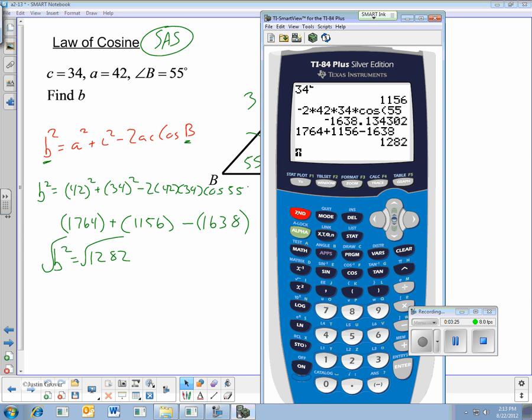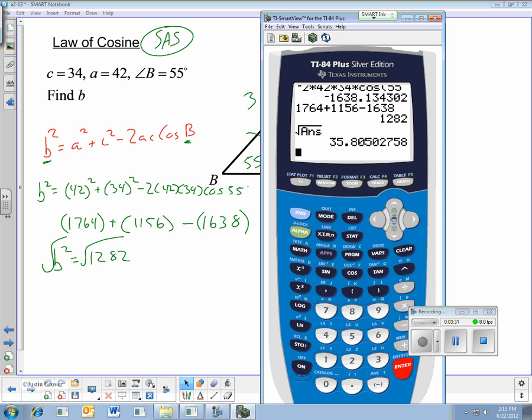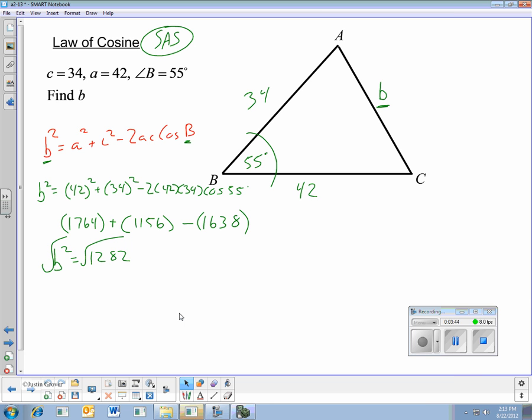And the answer is 35.8. Now I did take a decimal that I rounded, so if I kept that decimal, this would probably work out to be perfectly 36, but I'm rounding to the nearest whole number anyway, so my answer is going to be 36 units.